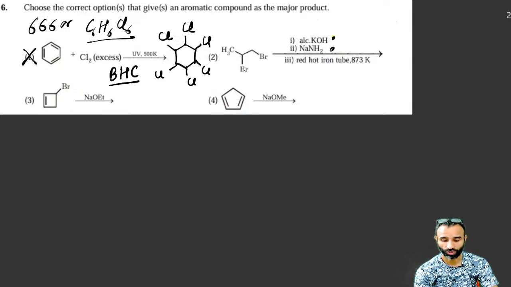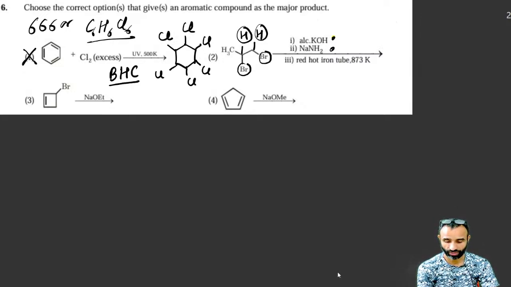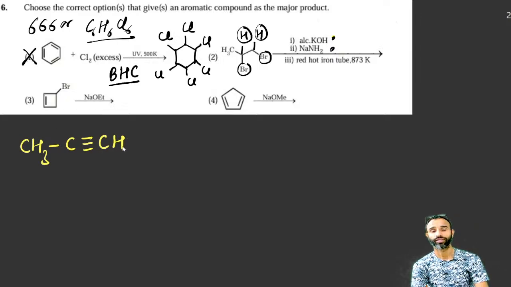So first there is removal of HBr, and again in the second step there is removal of HBr. In the first step there is a double bond, and in the second step we get a triple bond. So we get propyne from the first and second step, right?